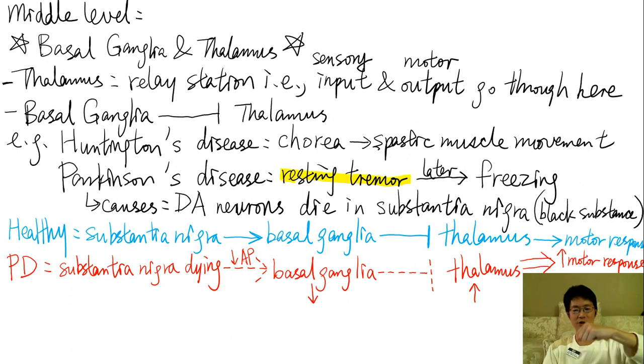That's why normally you don't see the arm shaking. But when the keynote speaker starts to speak and he focuses on the speech and pays less attention to his arm and leg, then the resting tremor will surface. The resting tremor will appear.